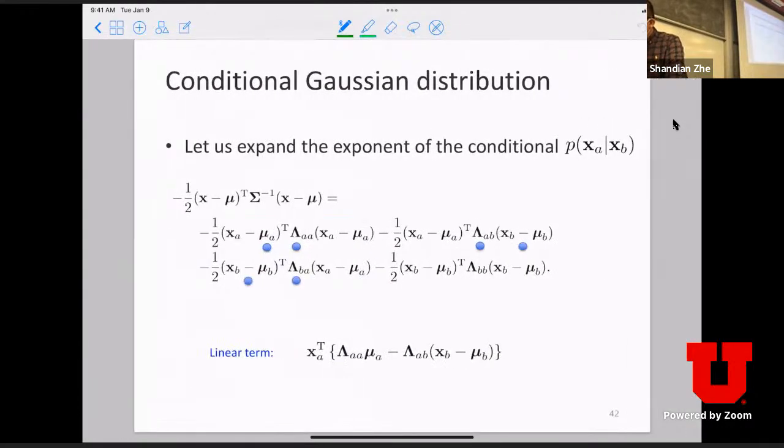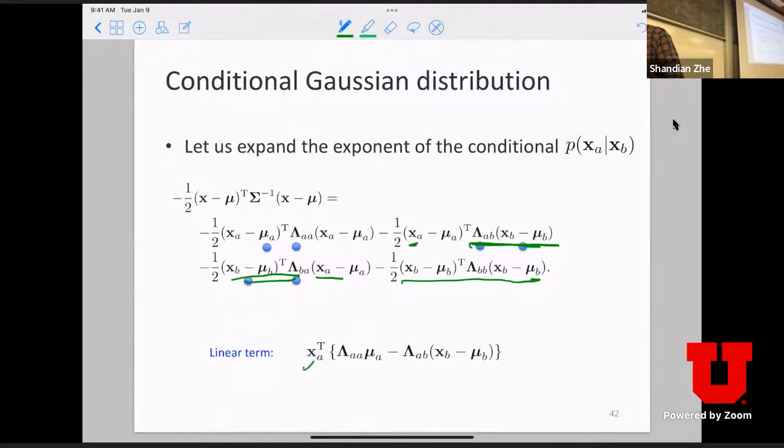Then we can take a look at the linear term. For the linear term, you just look at what is going to multiply with xa. Here we have xa transpose with lambda ab, xb subtracted by mu B. And here you're going to see it again, but it's just the transpose. The fourth term does not contain xa at all, so you can view it as constant. Just merge the two terms.